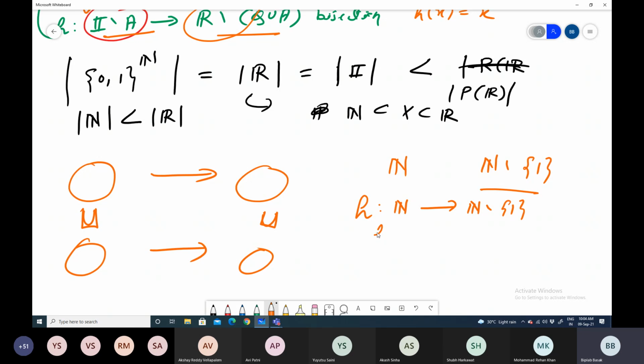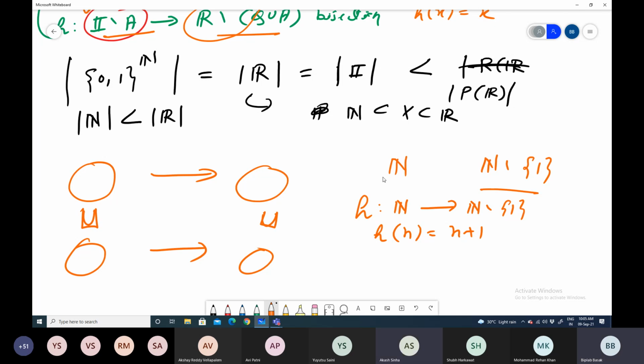You can define a bijection by h of n equal to n plus 1. Now this is a bijection, right? Yes, sir. But this set is a proper subset of N. But still you have a bijection. So that is the beauty of infinite sets.